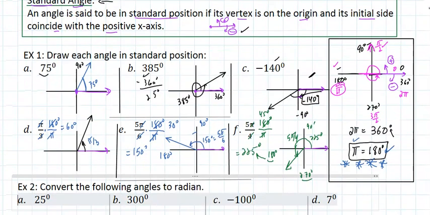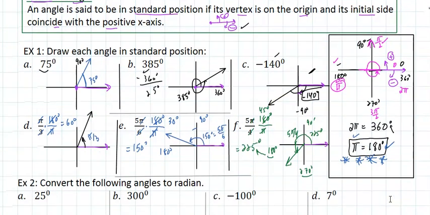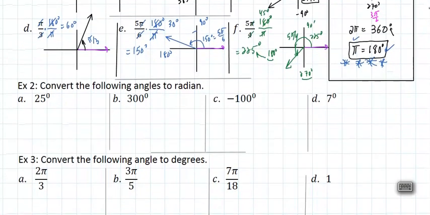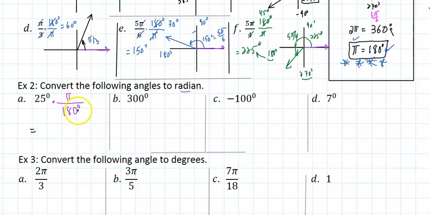Now, the next set of problems, I want to convert back and forth. I want to make sure you can take any degrees, convert to radians, any radians, convert to degrees. I have 25 degrees, I want to convert to radians. If I want to get rid of degrees, I want degrees in the denominator and radians at the top. And the zeros cancel, the degrees cancel out.